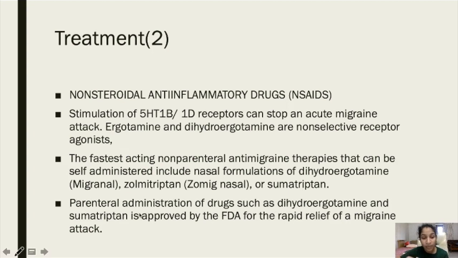Dihydroergotamine and sumatriptan are approved by the FDA, so they can also be given by the parenteral route. So non-steroidal anti-inflammatory drugs, agonists of these receptors, and nasal formulations like Migranal, Imitrex nasal, and also oral forms can be given. So these are the treatments for migraine.